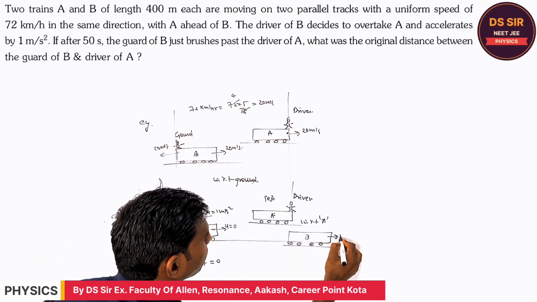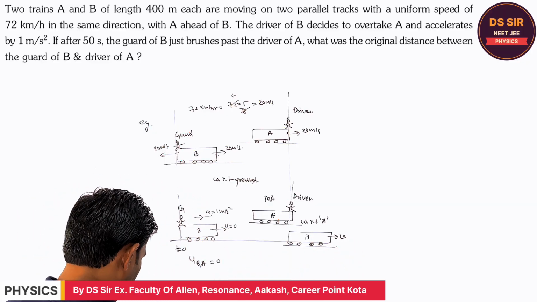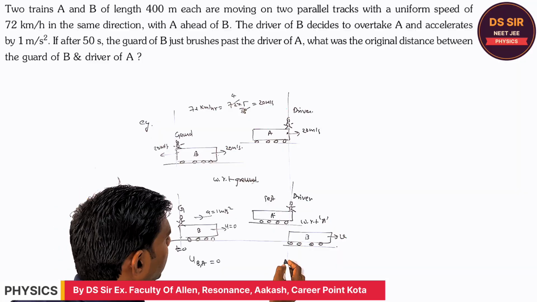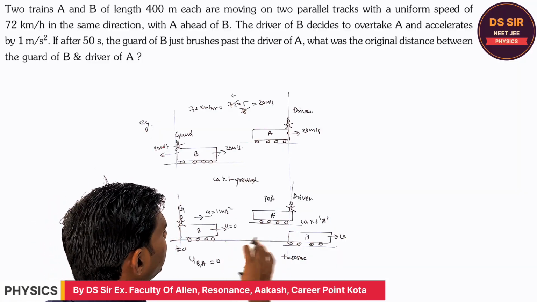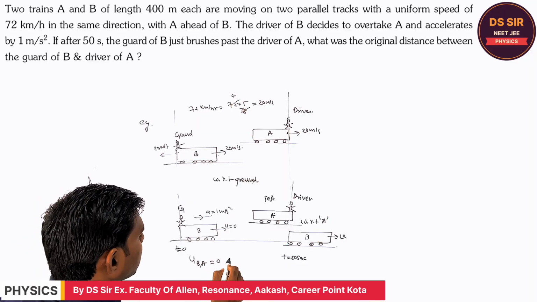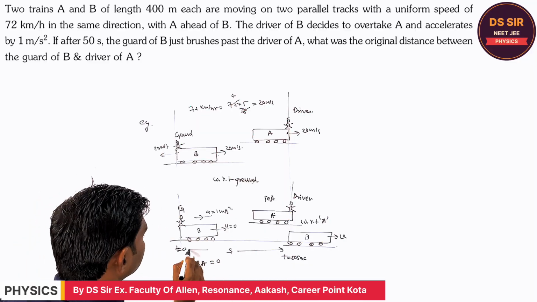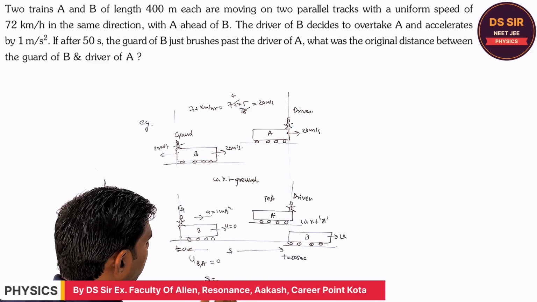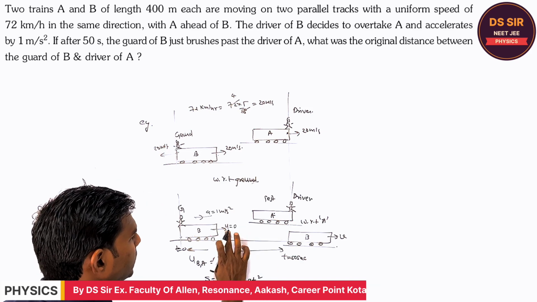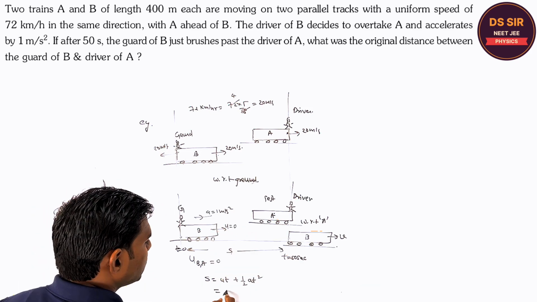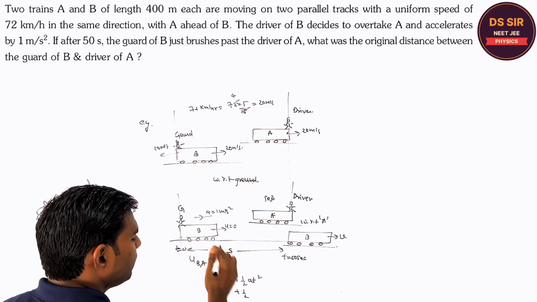Initial velocity, there will be some velocity, fine, and it takes 50 seconds. Is it clear or not? So in 50 seconds, it covers the distance s. This distance we have to find. I can apply s is equal to ut plus half at square. What is the initial relative velocity? Say 0. And what is the relative acceleration?